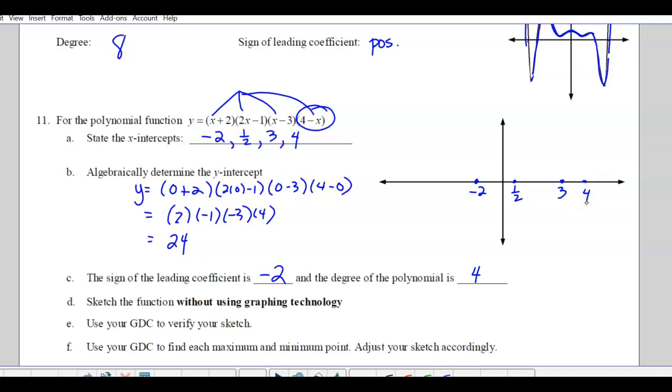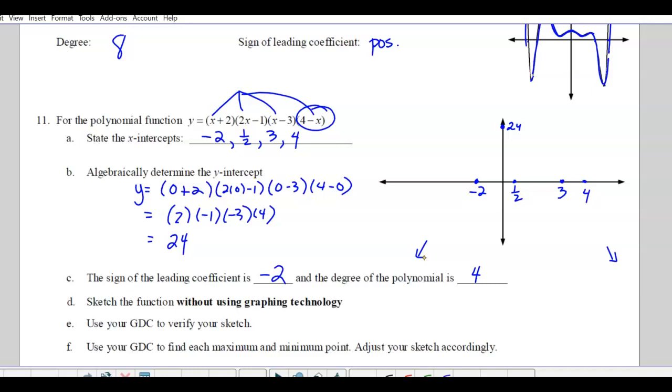Okay. Y-intercept. So we're doing a sketch. We're not scaling anything out. And so negative leading coefficient has got to be down and to the right at the end, and it's an even degree. So I've got to be down here as well. Okay. These are all single factors, right?